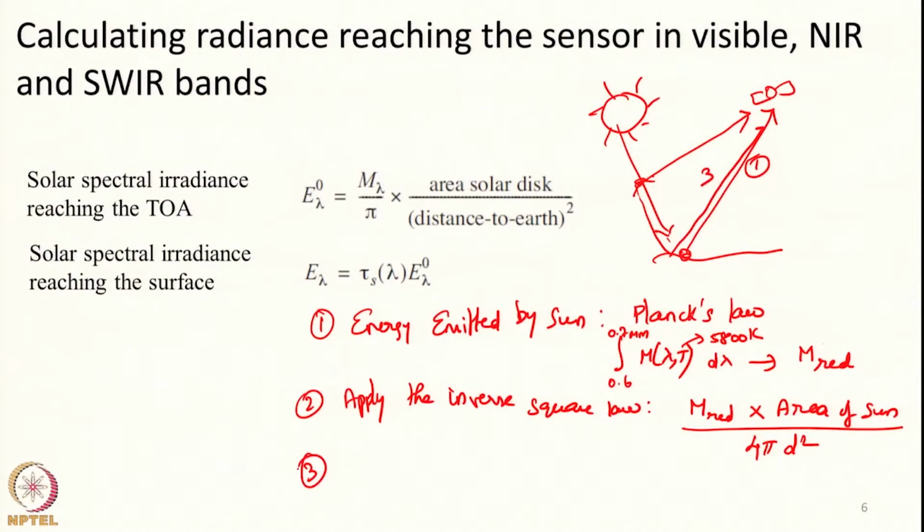Third thing. Now, this is Earth, this is Earth's atmosphere, this is the sun. What we have calculated, for our example, is how much energy reaches Earth's atmosphere within the red band. Now we have to calculate what energy reaches the Earth's surface.